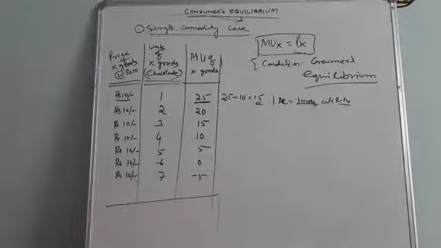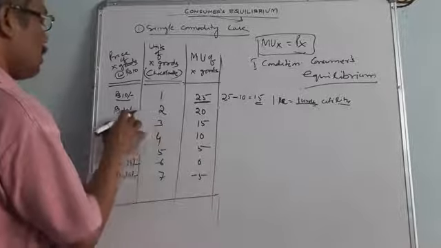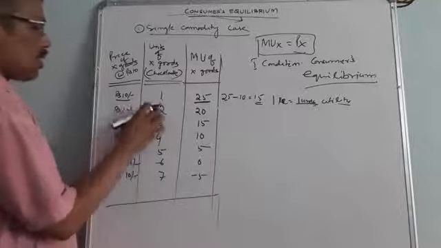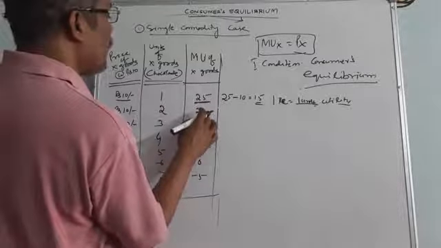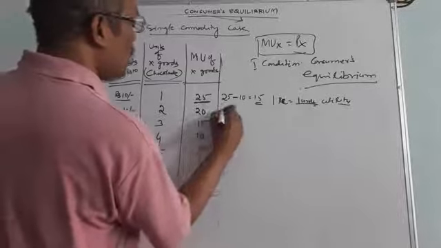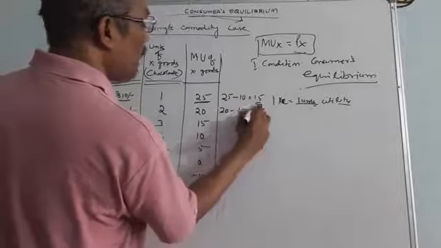You are beneficial now. Second case, when you spend 10 rupees for the second unit and you get 20 units of marginal utility, how much more do you get? 20 minus 10 equals 10.